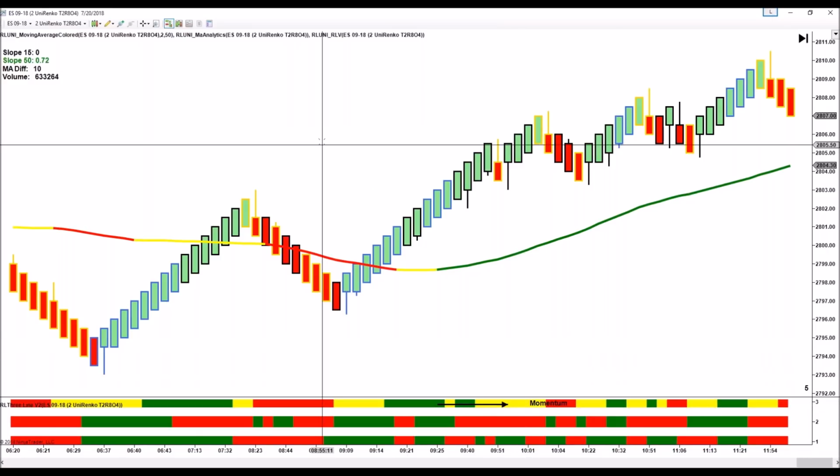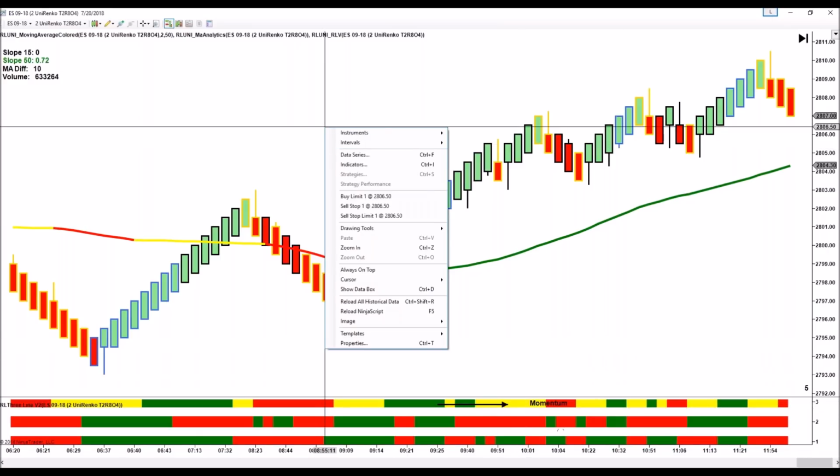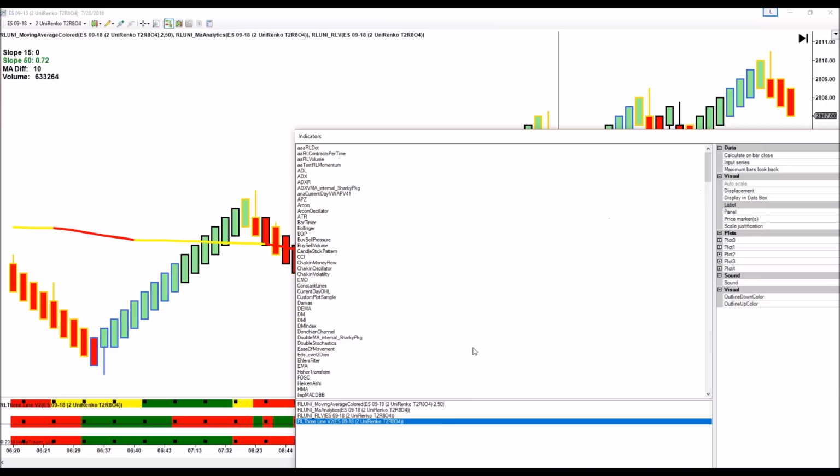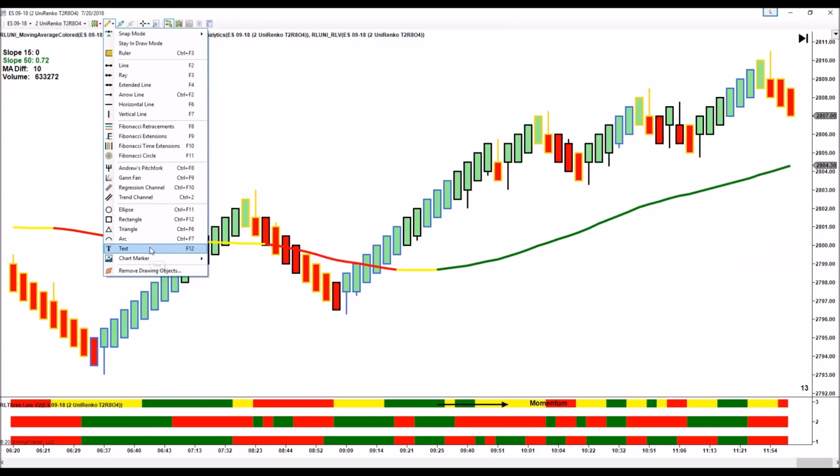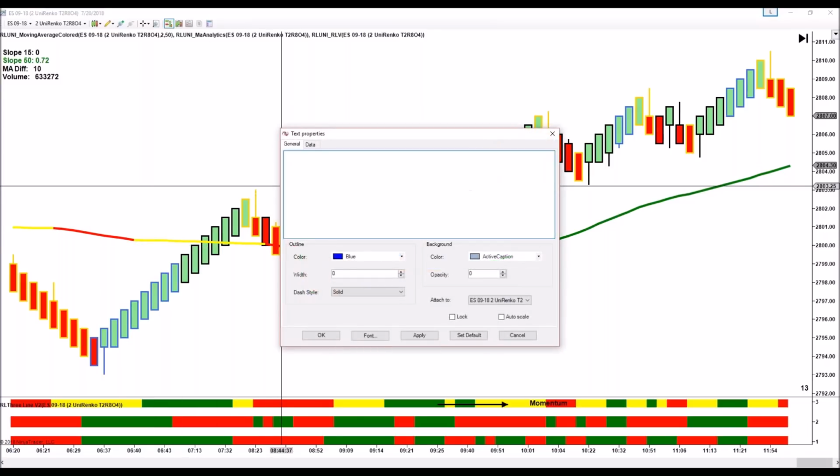The second one is stochastic. And the last one is order flow.